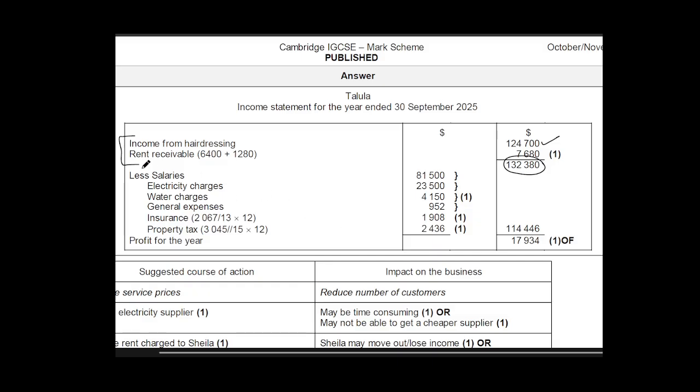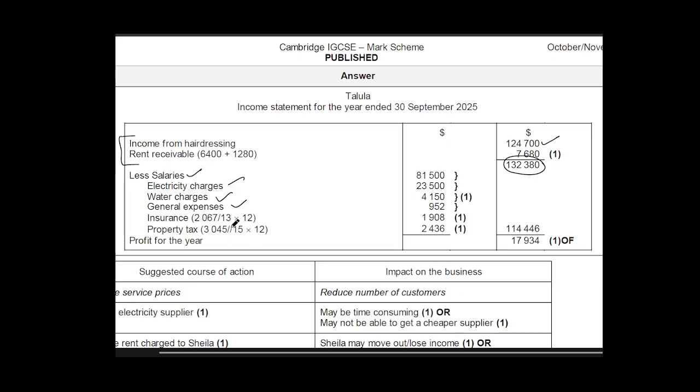After that you have to give the heading less expenses, and first the expense of salaries. There was no adjustment so we wrote it as it is. It is given in the question. Electricity charges and water charges, general expenses, and there were adjustments for insurance and property taxes, 1908 and 2436.